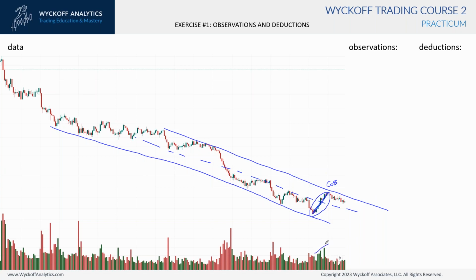What about the demand coming in? Do we have the preconditions for the change of behavior to happen? Consolidation under the downslope in trading range on low volume. Yes, what are those, Tyson? What are the preconditions that led to this change of behavior?